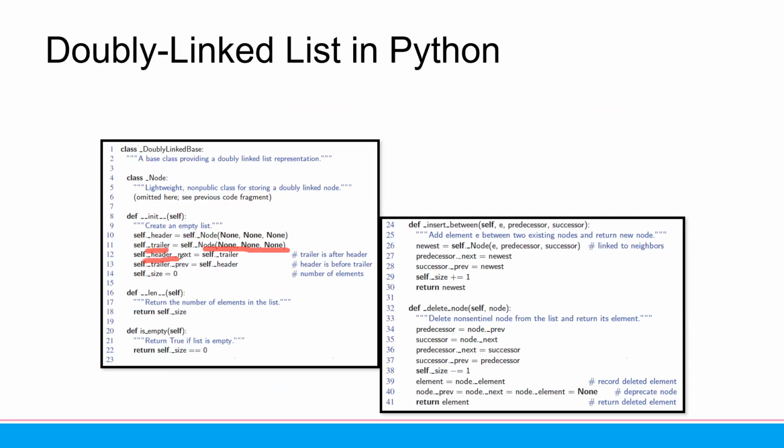For the header.next, we connect to the trailer, and for the trailer.previous, we connect to the header. So in the first time, there is no element in between.